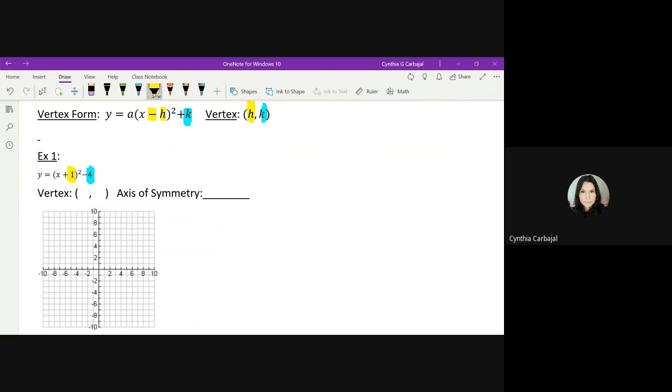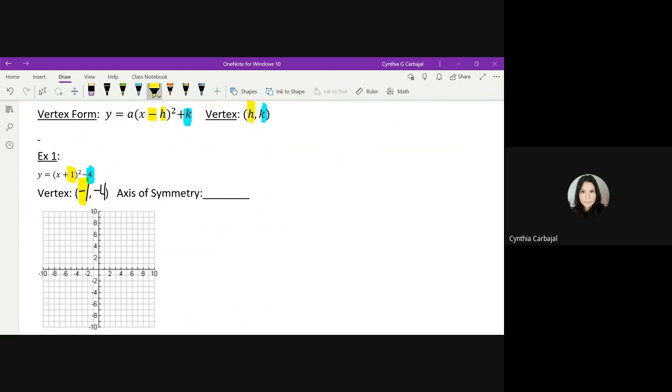So if this is +1, then our vertex x value is going to be -1. And then we have a -4 outside of the parentheses. That's our k, and that one is exactly what the k is. If k is -4, then that's -4. So just watch out for the x value of the vertex, okay? They're always opposite signs.